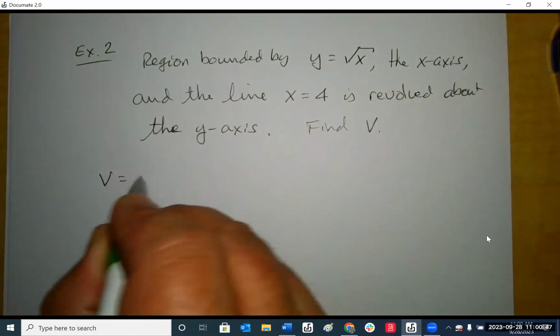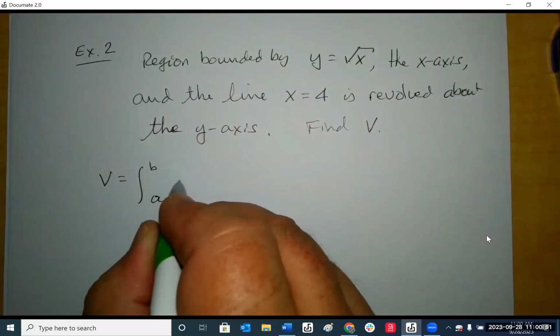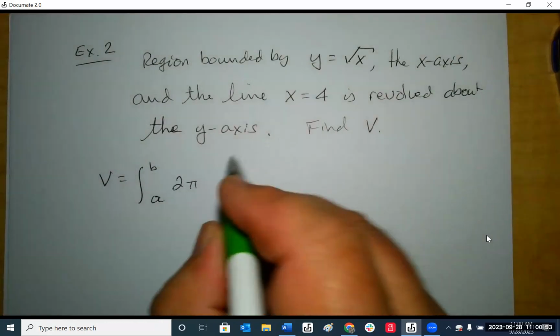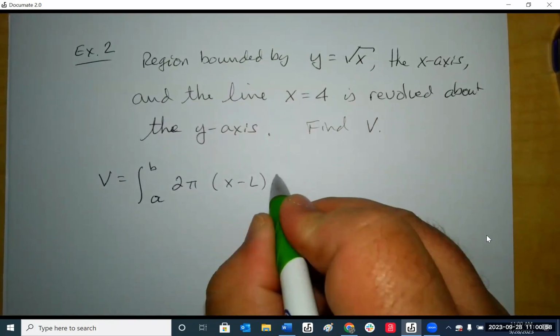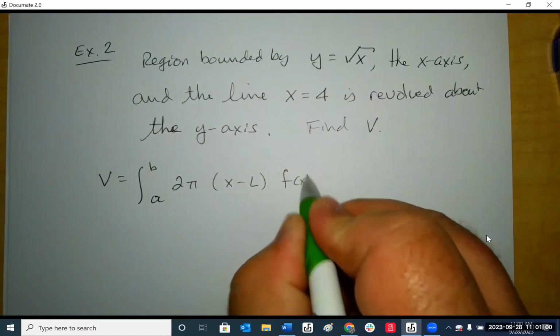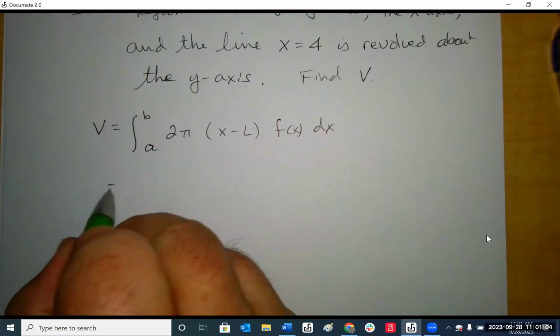Again, we're going to be using the integral from A to B, 2 pi, x minus L, f of x dx. So what are A and B?